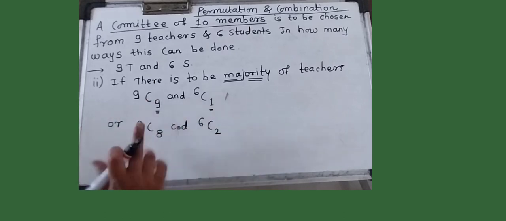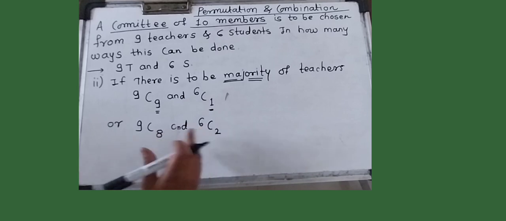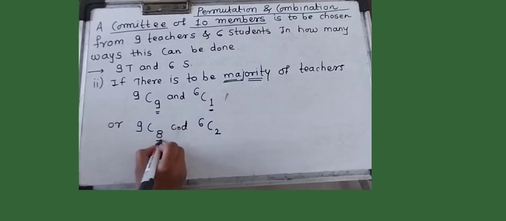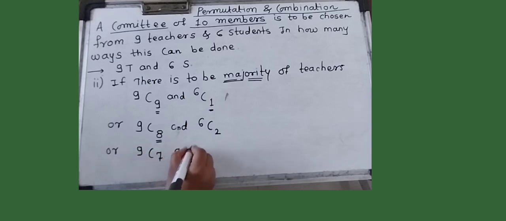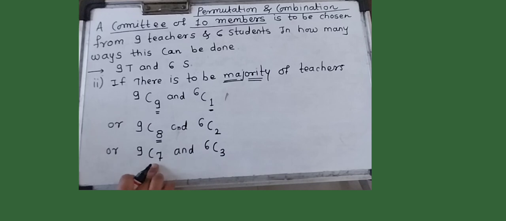Condition gets fulfilled. 8 is a majority, so the condition is satisfied. Or we can say 9C7 and 6C3. 7 plus 3 is 10. Here also majority of teachers are there. Committee gets formed, 10 members. Majority of teachers are there. Condition gets fulfilled.